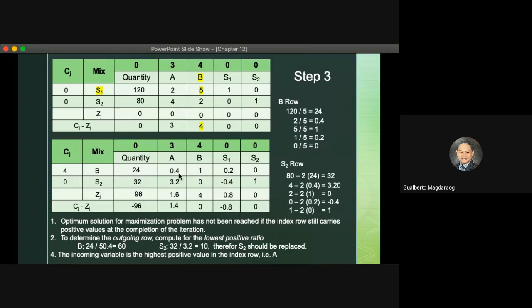So 24 divided by 0.4 and 32 divided by 3.2 is equals to 10. Okay, so comparing 60 and 10, choose the lowest positive ratio, we will choose S2. So we will replace S2. And ang ipang i-replace natin, the highest value in the index row, which is A.